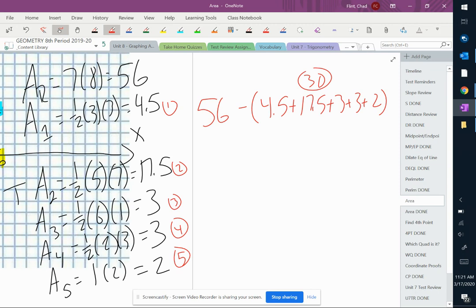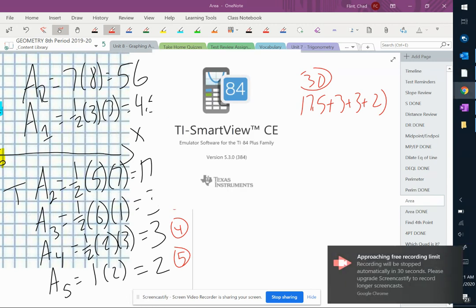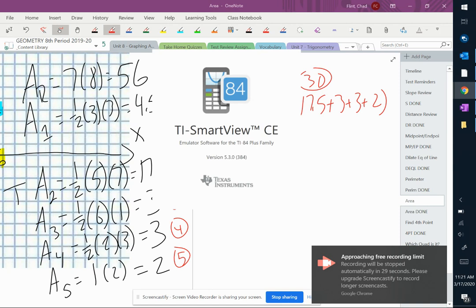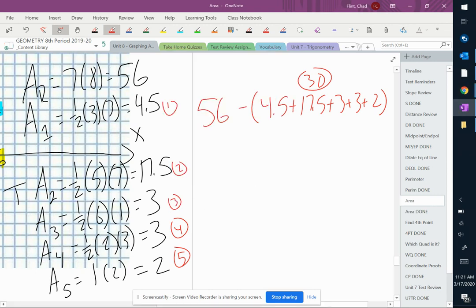Let's double check it with a calculator here. It is 30, so the overall area is going to be 26.